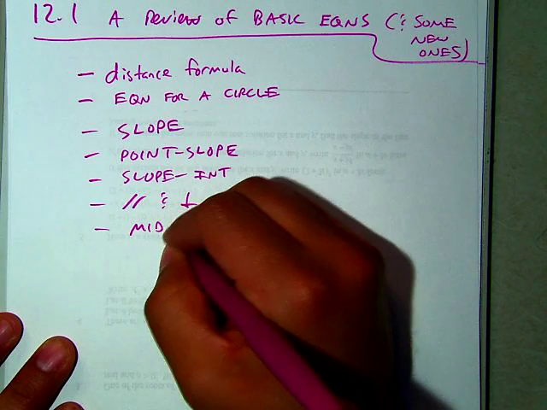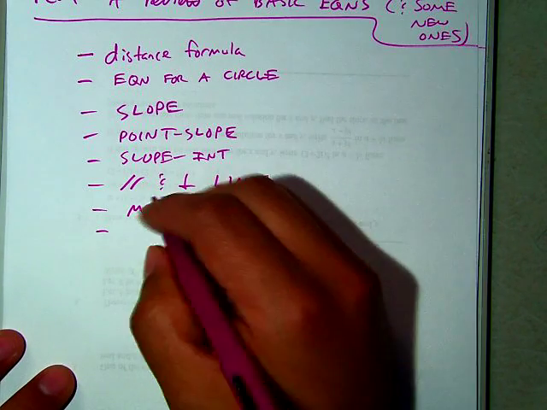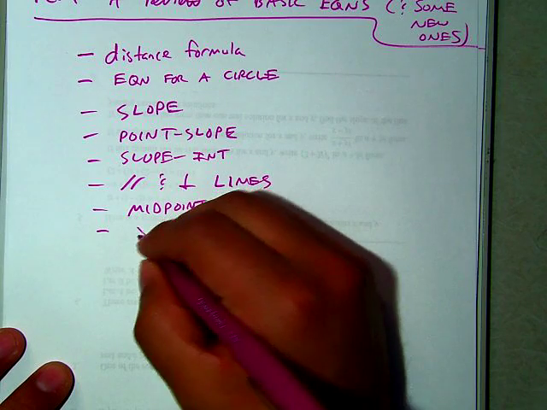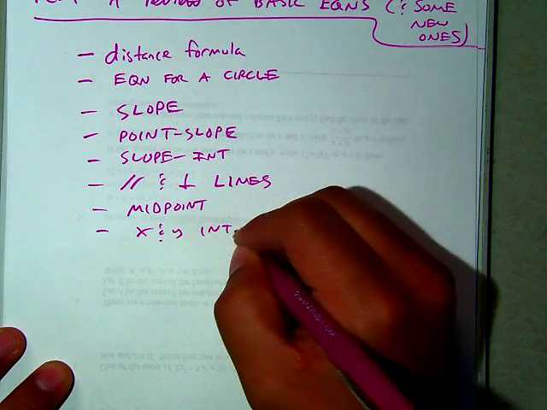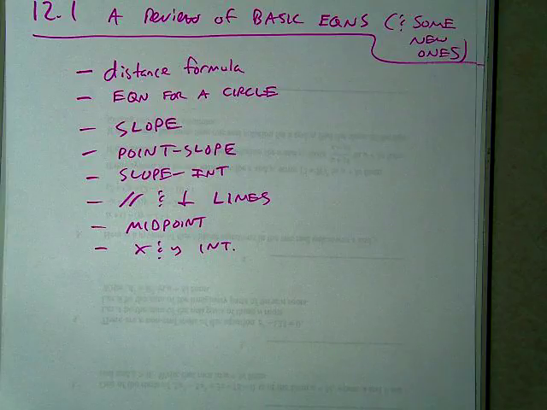And you should know the midpoint formula. And you should know the general process for finding x and y intercepts. Okay, these are all things that we've done at one point or another, and some of these you've even done for a few years now.